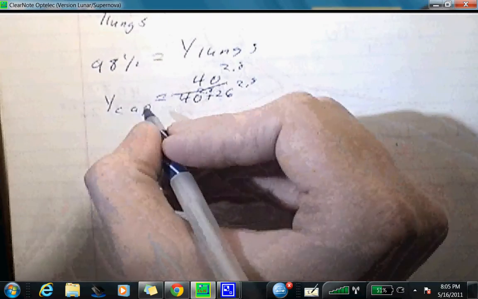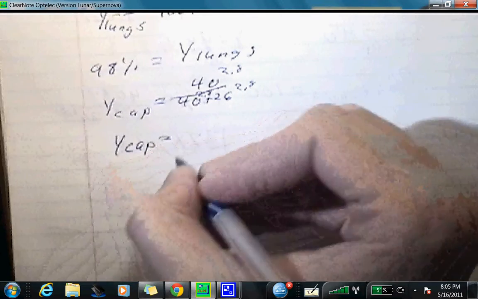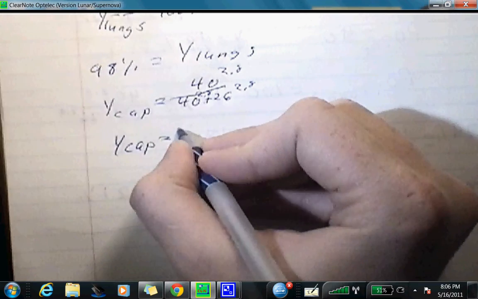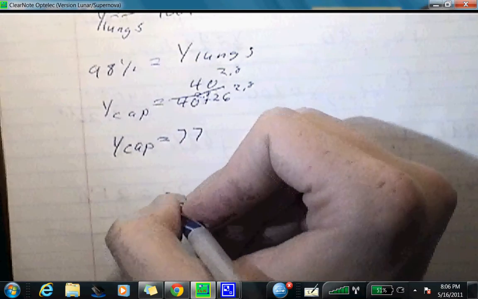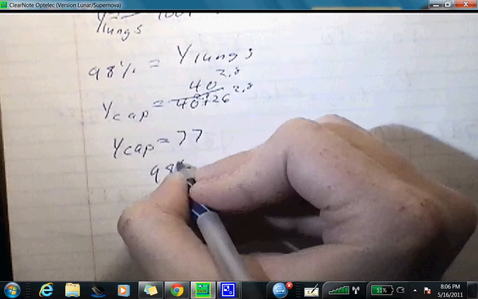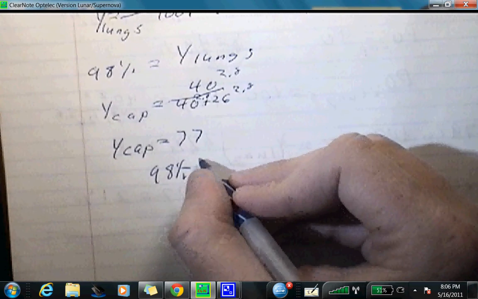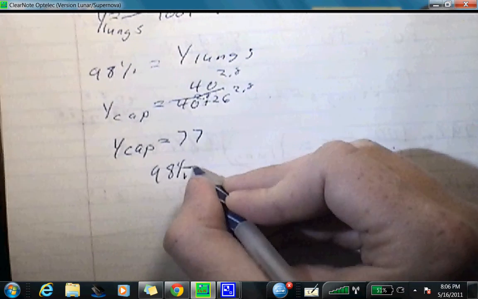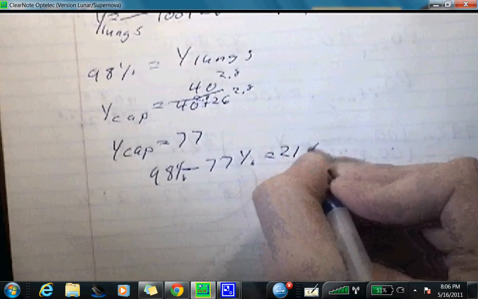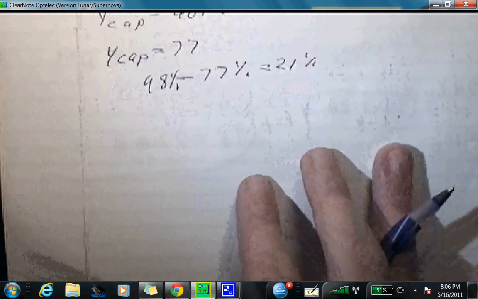And when you multiply this all out, Y cap is going to equal 77. So this is all percentages, by the way, so your actual answer should be 0.77 and 0.98. So 98% minus 77% equals 21% saturation that the hemoglobin is losing.